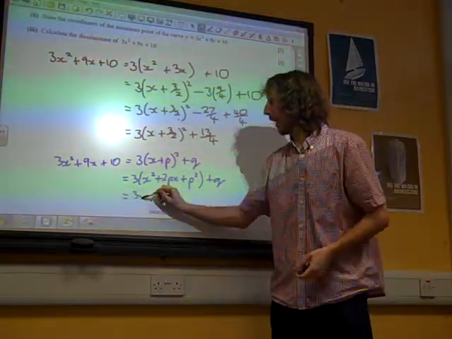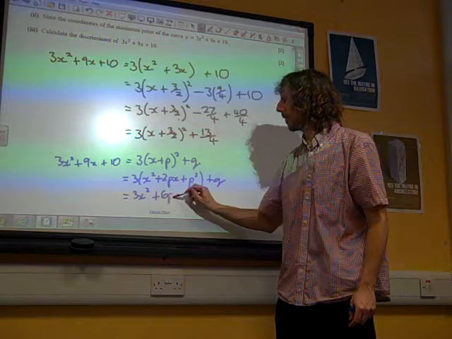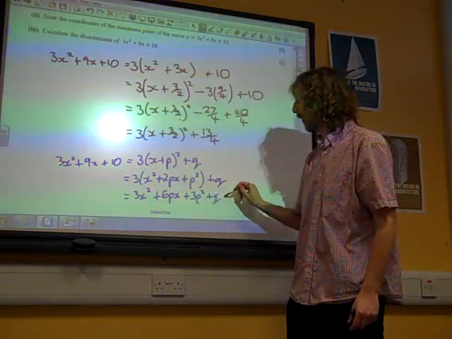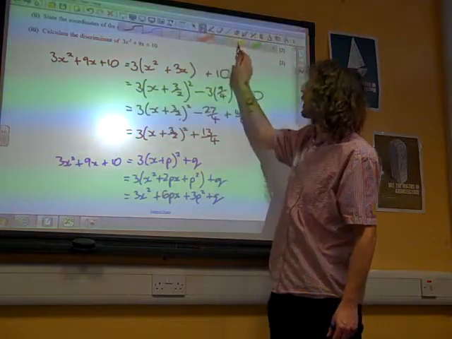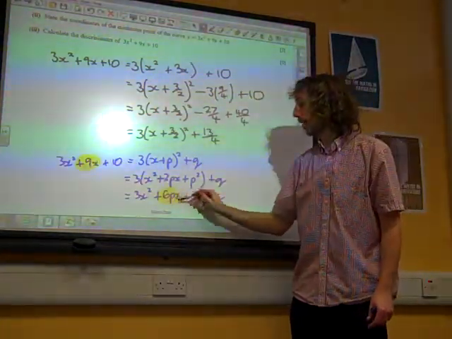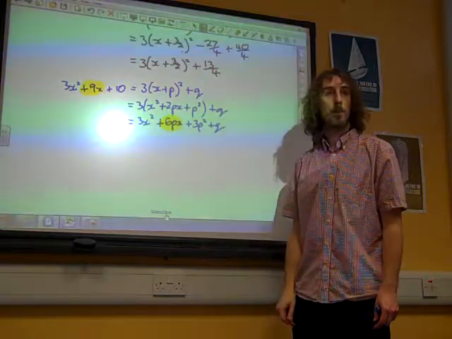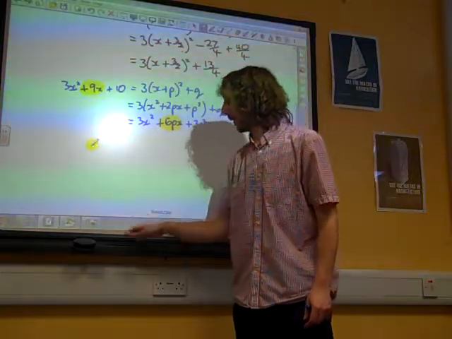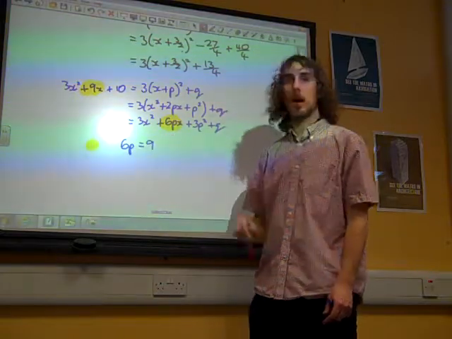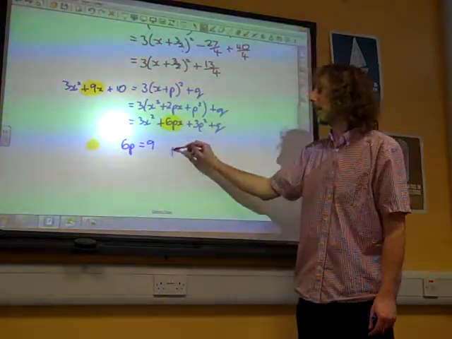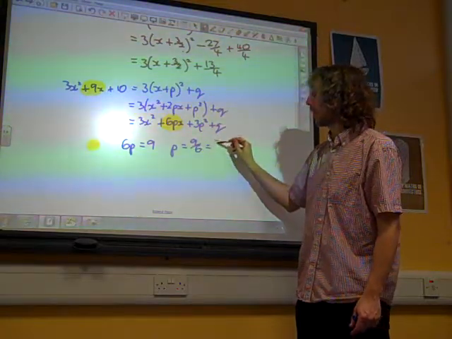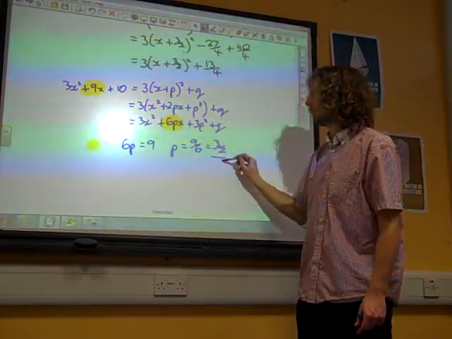So it's 3x squared plus 6px plus 3p squared plus q. Now, if we compare coefficients, we've got 9x's there, and we've got 6px there. So that tells us, looking at the yellow bit, that 6p must equal 9, in which case p is 9 divided by 6, which is 3 over 2.